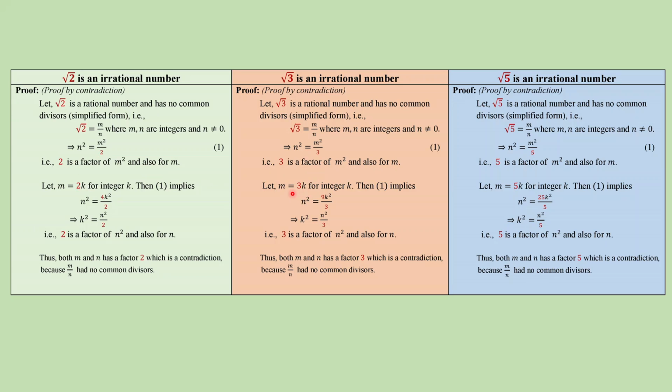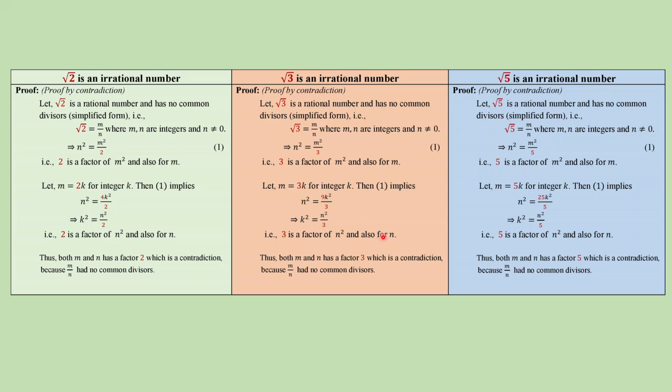So m can be written as 3k for an integer k. Now if you plug m equals 3k here, then it would be n square equals 9k square over 3, and k square can be written as n square over 3. So from here you can see that 3 is a factor of n square, and also of n.